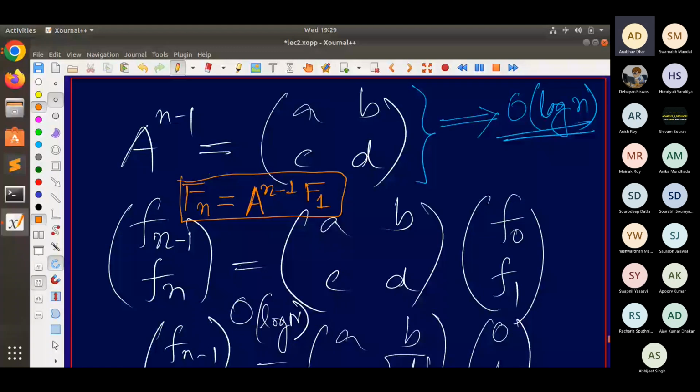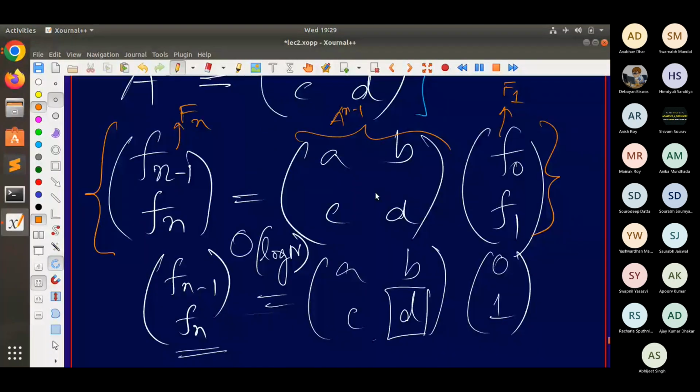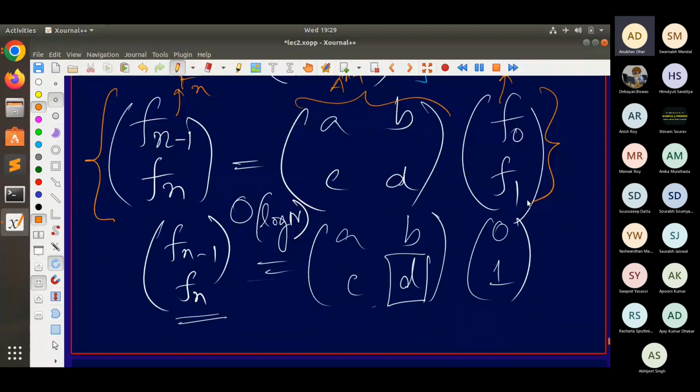So this is f of n, this is f of 1, and this is A power n minus 1, right? Yes. So now you just put in the values of f of 1 and you will get something. So this is the value of this, which is equal to, I don't know, BD, I guess, right?